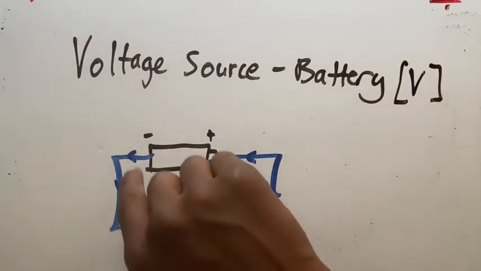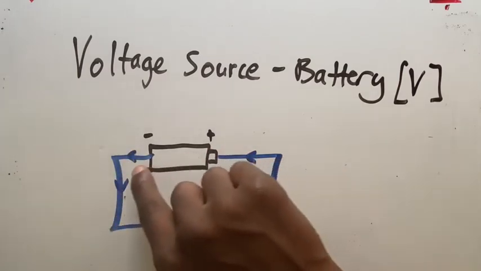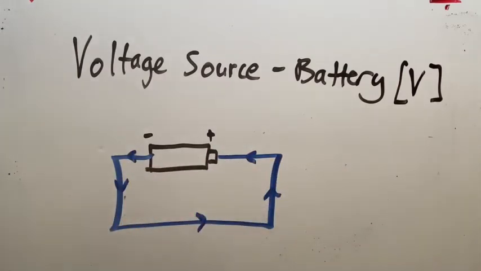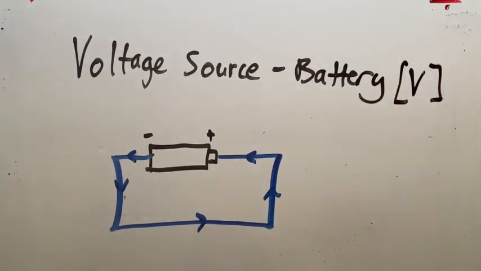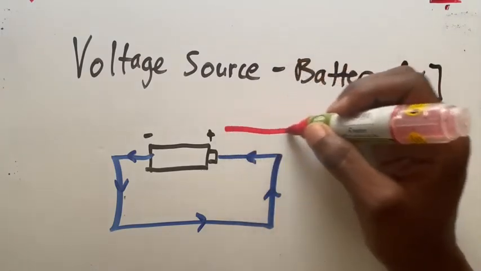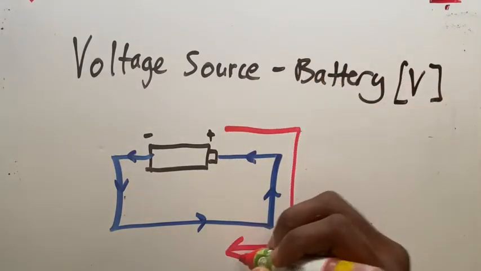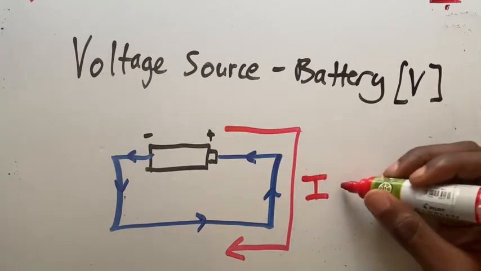Now, I know I drew the direction this way, which is true. The electrons are going in this way. But since electrons have a negative charge, we usually say the direction of the current is opposite. And we use I for current.